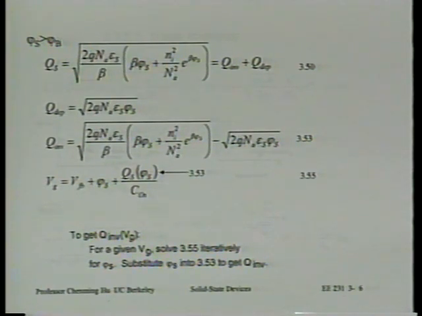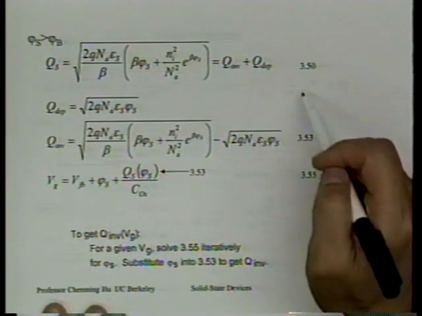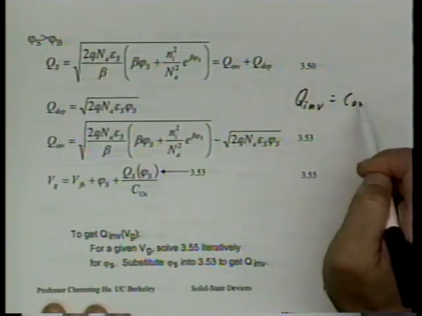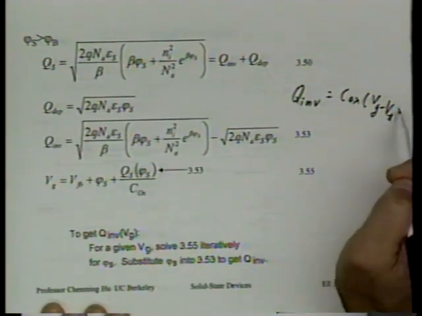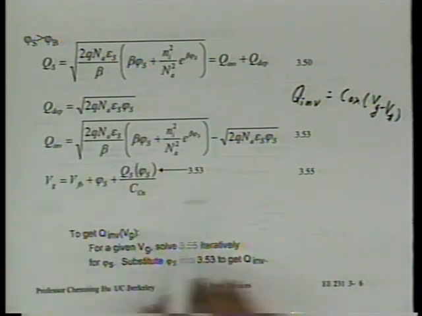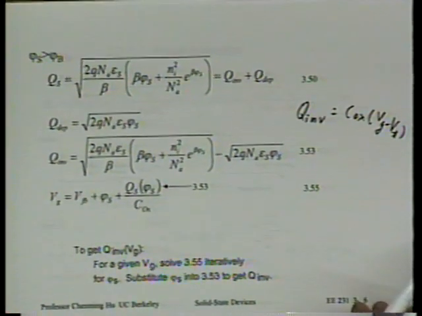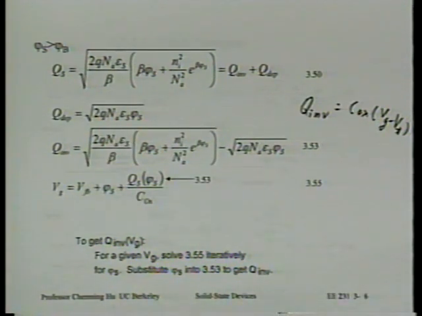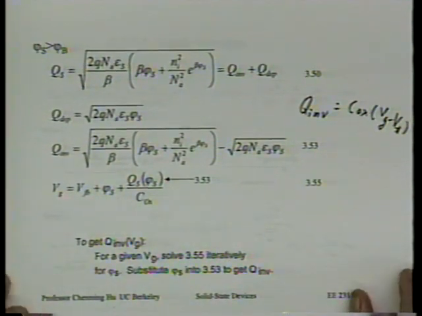If you're familiar with the SPICE model level 1, 2, 3, you may have used that in E140, 141. You probably noticed, when we want Q inversion, all we do is say Cox times (Vg minus Vt), is that right? That's all you do. But there's some recent interest to model the transistor more accurately than that for circuit simulation. So for this simulator model development, there's some interest in solving this equation more accurately, to try to find an analytical solution. I can tell you there are no good solutions, so it's still a research problem.